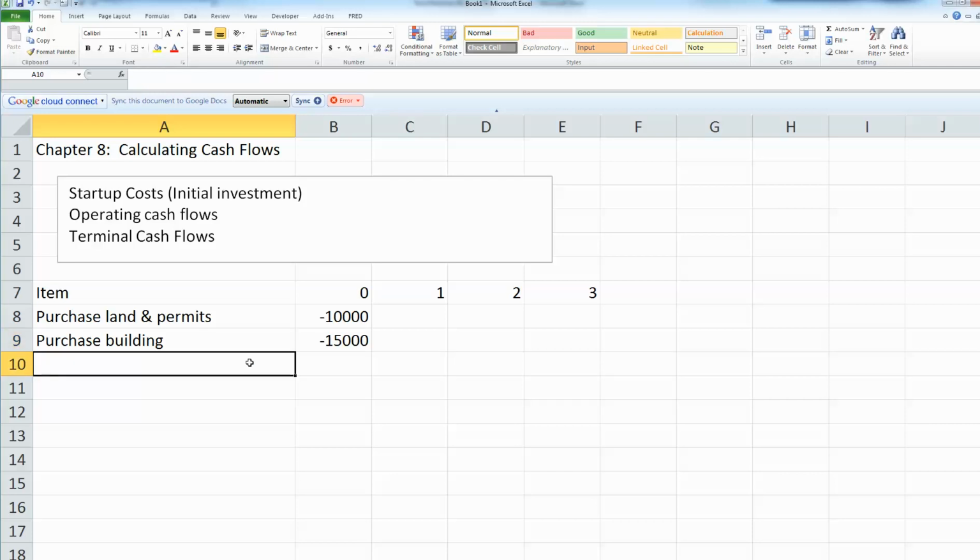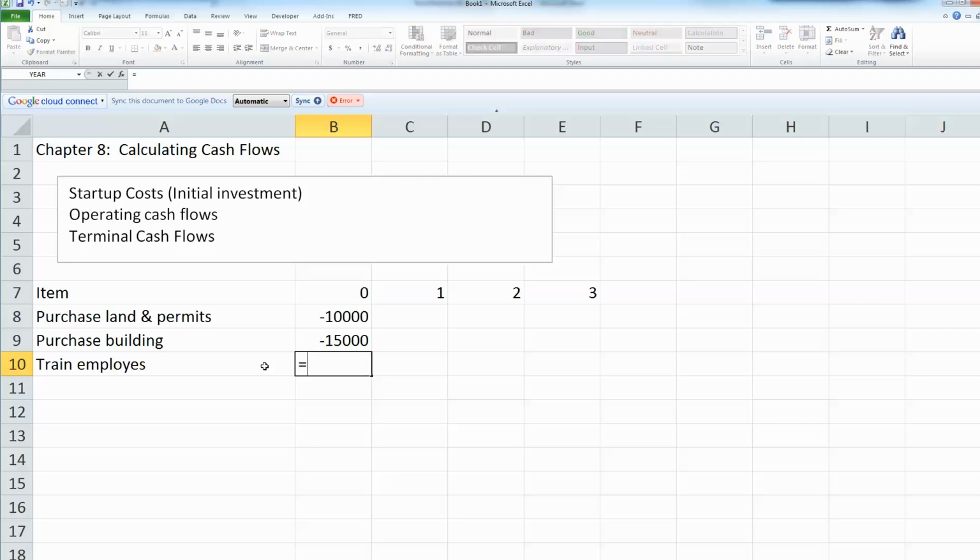So I'm not quite ready to deal with depreciation yet, but I will in a little bit. I plan to hire and train employees for a cost of $2,000. I didn't spell that right, did I? Now, I'm going to put that as an outflow.